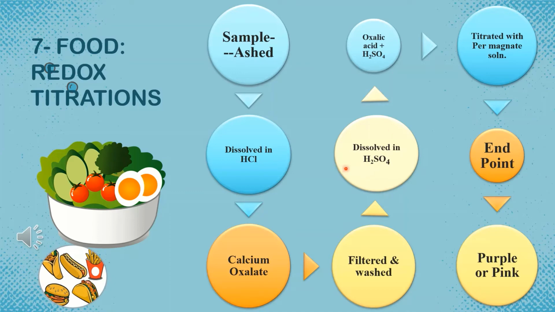The liberated oxalic acid is then titrated with potassium permanganate solution, and this is the reason it can also be called permanganometry. There is no need for an external indicator because KMnO4 itself is a self-indicator due to its d-d transition, and the endpoint is usually indicated by a change of color to purple or light pink.